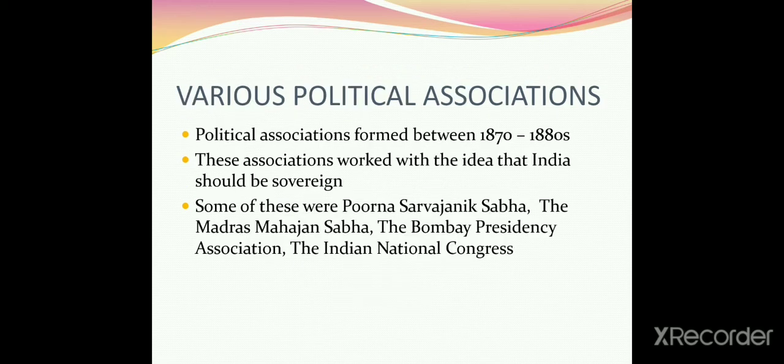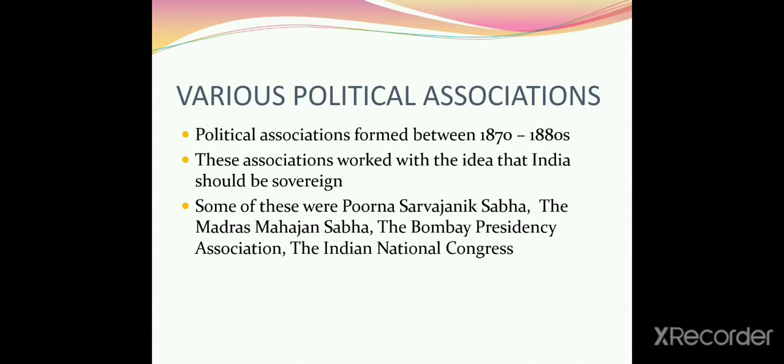Various political associations. This consciousness of oneness began to be clearly stated by the political associations formed after 1850, especially those that came into being in the 1870s and 1880s.